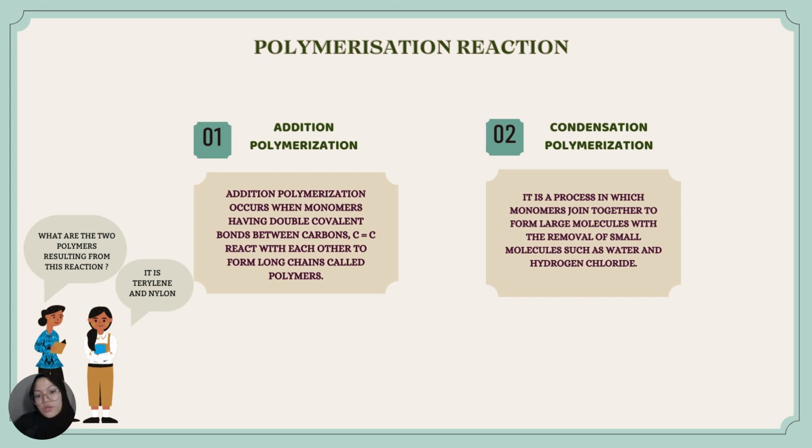The next one is condensation polymerization. Condensation polymerization involves at least two different monomers. It is a process in which monomers join together to form a large molecule with the removal of small molecules such as water and hydrogen chloride. So, what are the two polymers resulting from these reactions? They are terylene and nylon.